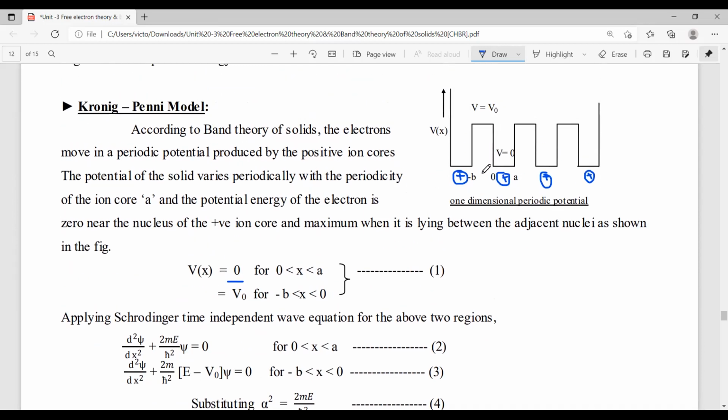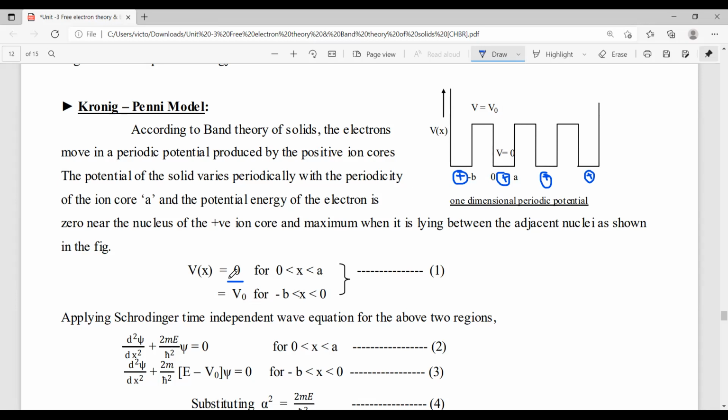And for the particle between minus b and 0, between two positive ion cores, the potential is maximum, let it be V naught. Simply in one word, the particle potential near the positive ion core is 0, and between two adjacent nuclei it is maximum, that is V naught.